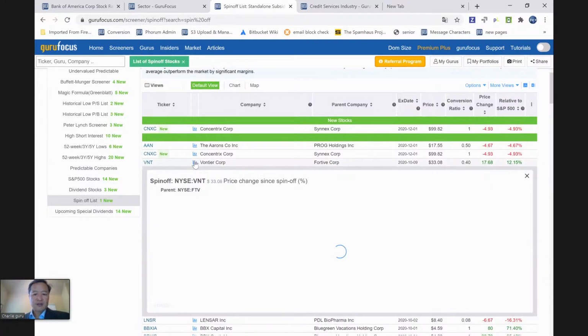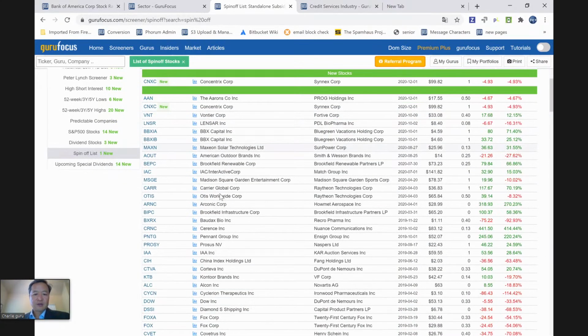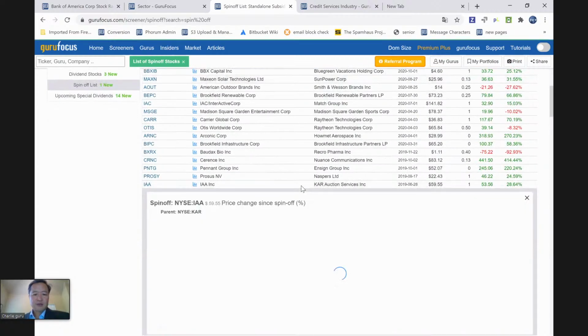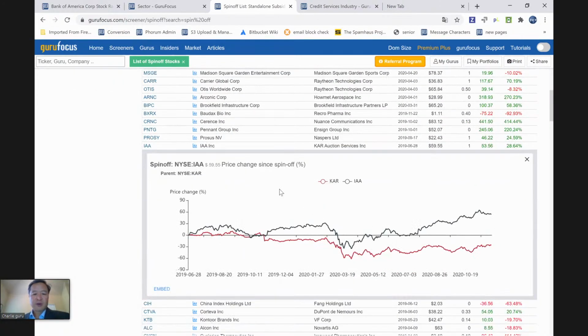If you click on that, you can even see the performance of the companies, the parent company and the daughter company, to see the stock performance since the spin-off. And of course, guru Joel Greenblatt says that spin-off is a very good area to invest. We provide this so that you can have a starting point to get into the spin-off list.